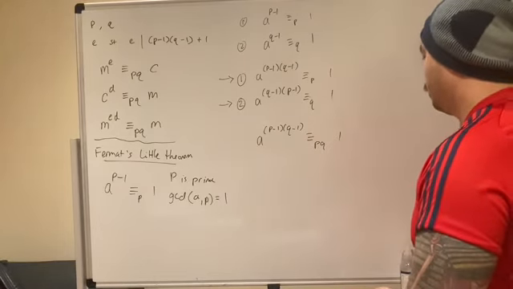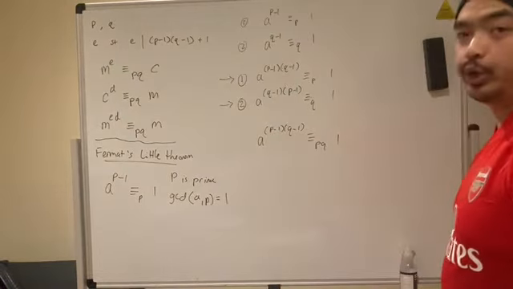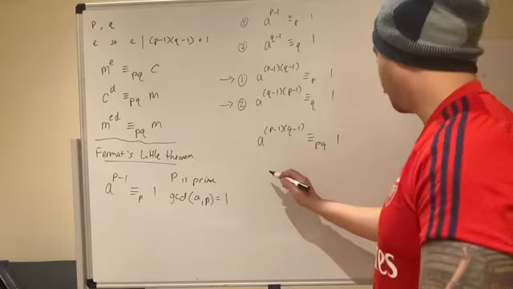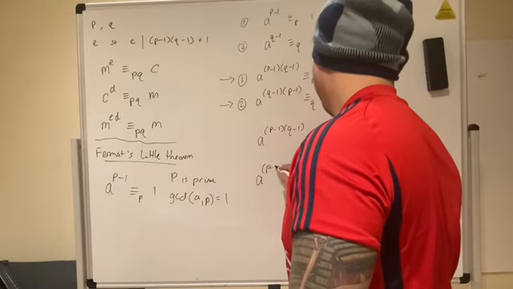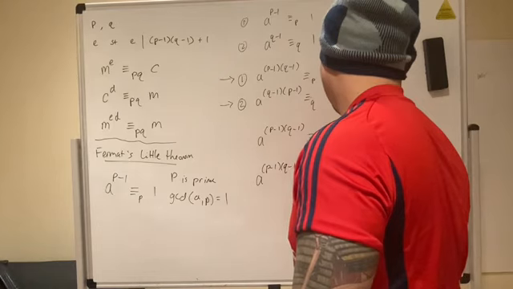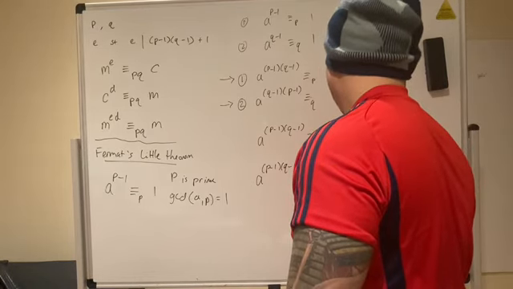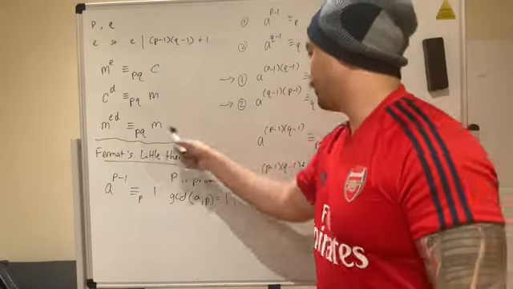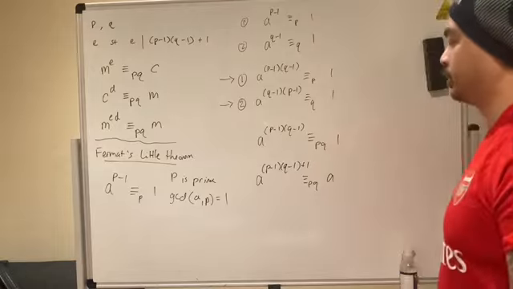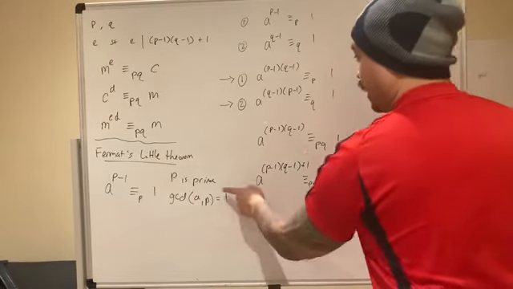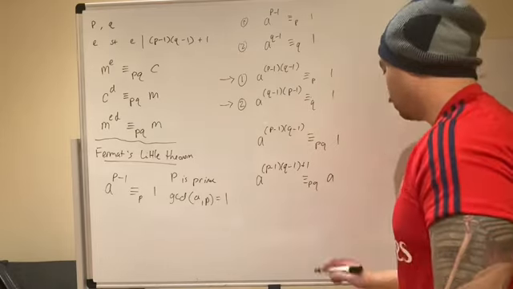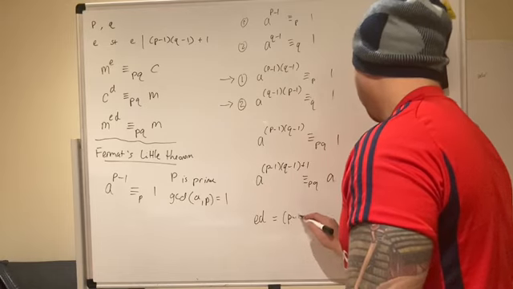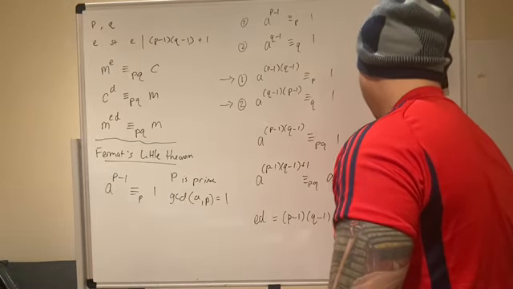So what we'll do now is take this expression and multiply it by A, which will give us A^((P-1)(Q-1)+1) congruent to A mod PQ. Right, and notice this is very similar to what we have here. So it's the same structure. So what we can do is just set A to equal M, and we'll set the exponents equal: ED equals (P-1)(Q-1) plus 1.